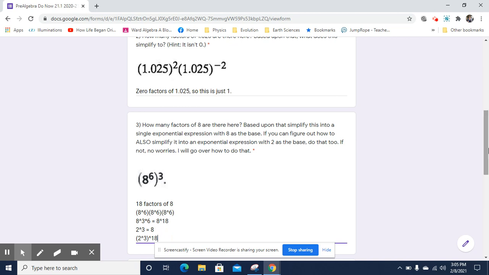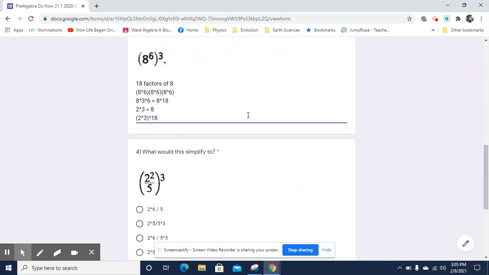So that's going to boil down to 2 to the 3rd. I'm using 18 sets of 3, so I can treat that as 3 times 18, which will be 2 to the 3 times 18, which will be 2 to the 54th power, because 18 times 3 is 54. That's a really big number.